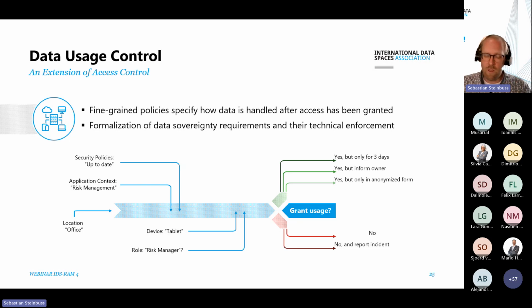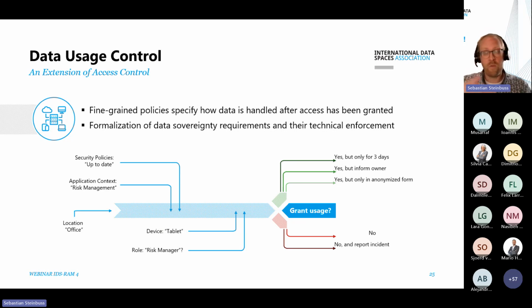And then this is not only a true or false decision. Yes, you can get access to the data, you can grant the usage, but only for 3 days. Yes, you access the data, but the owner has to be informed because I will invoice you each time you use the data. Or for example, for GDPR-related reasons: yes, you can access, but I need to log that you have accessed the data.